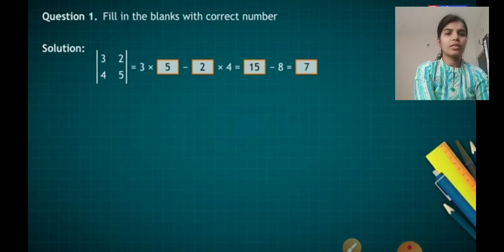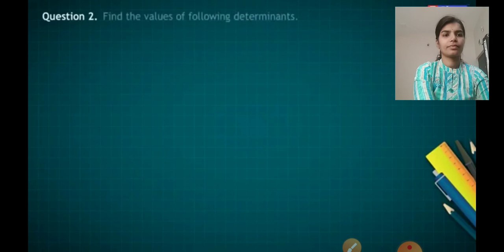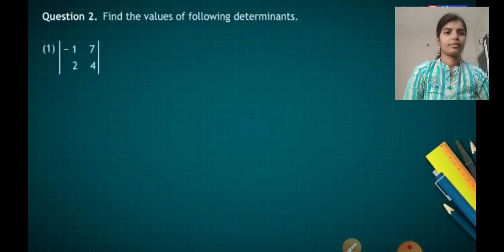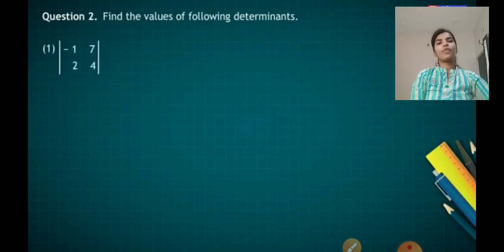In a determinant, you want to cross multiply. Then we will see the second question: find the values of the following determinants. Here the first determinant is given: minus 1, 7, 2, 4.